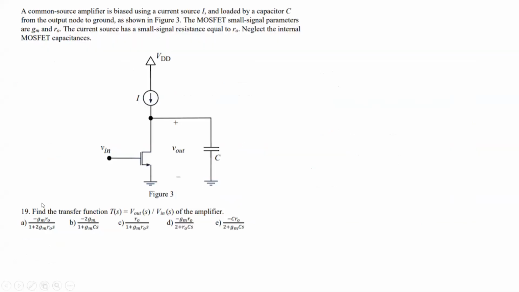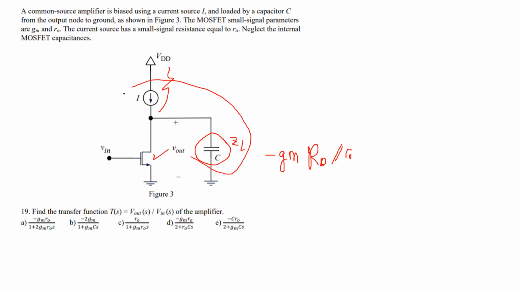Okay, so in this question he starts to ask us about what the transfer function is. This we consider as impedance Z, and from this impedance Z, this has resistance R. If we consider it as a load, we know for the common source it will be minus gm times RL parallel RD parallel ro, right? ro is itself, and RD is all the resistance, or impedance, seen outside.